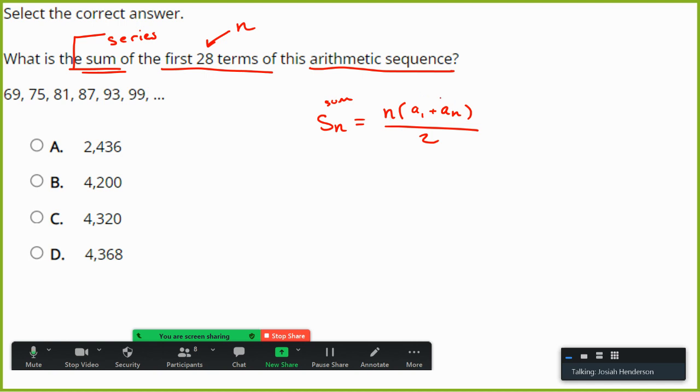Notice though that in the formula is a sub n. We need a sub n to use our formula. So that means we're going to have to start with the a sub n formula in order to get that 28th term. We want to know what is the 28th number because that goes right here. So we need to do that first, and then we can back up and do our series formula to find what their sum is of all 28 numbers.